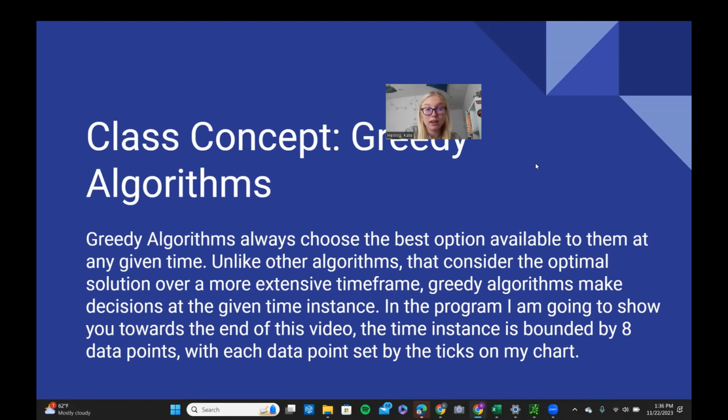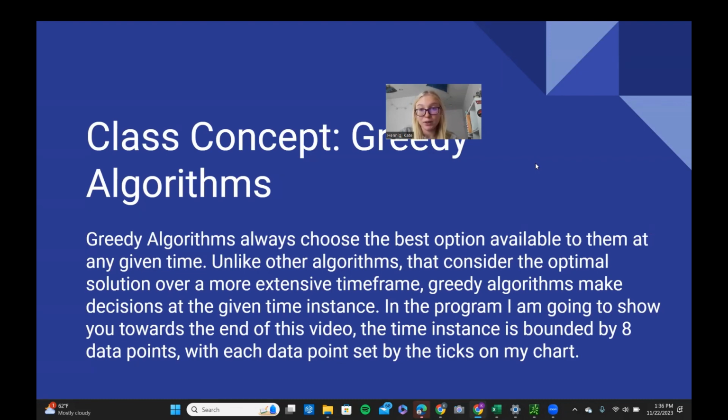So the basic concept of a greedy algorithm is that at any given time, you choose the best option. This best option, or this series of best options at any given time, may not result in the best overall solution. For example, if you apply the greedy algorithm to a traveling salesman problem, you're going to be constantly choosing the closest city or closest location.